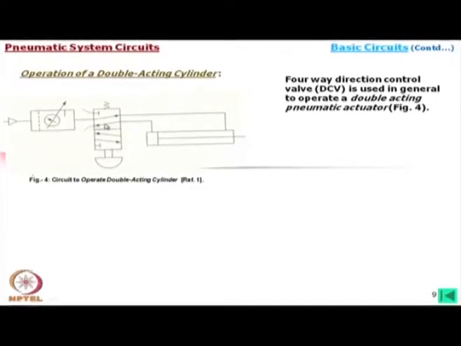So, basically we should call it 4-way, not 5-way, because these two are exhaust. How to count how many ways there are? Simply count the ports in a single icon, in a single block. There are 5 ports, so we may call it a 5-way valve. And how many positions? 1 position and 2 positions.